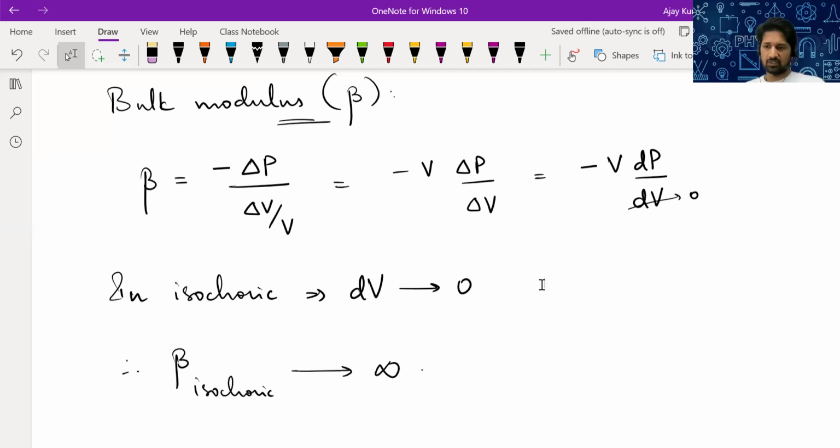Now, this is an isochoric process, means the volume is not changing at all. So you can say that the gas is incompressible. Even though you are increasing the pressure, the gas does not get compressed. What does that mean? It is not possible to deform the system. So it should be having infinite elasticity. So bulk modulus will be tending to infinity in an isochoric process.